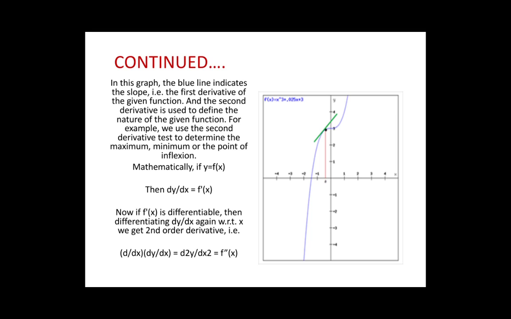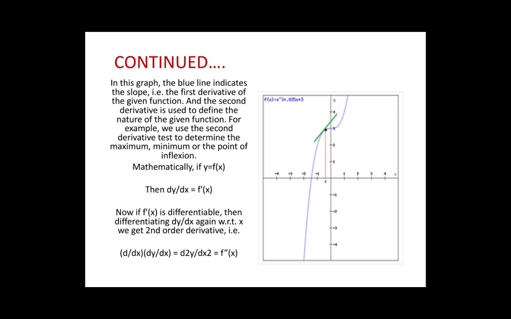Mathematically, if y is equal to f of x, then dy upon dx is equal to f dash x. Now if f dash x is differentiable, then differentiating dy upon dx again with respect to x, we get the second order derivative.